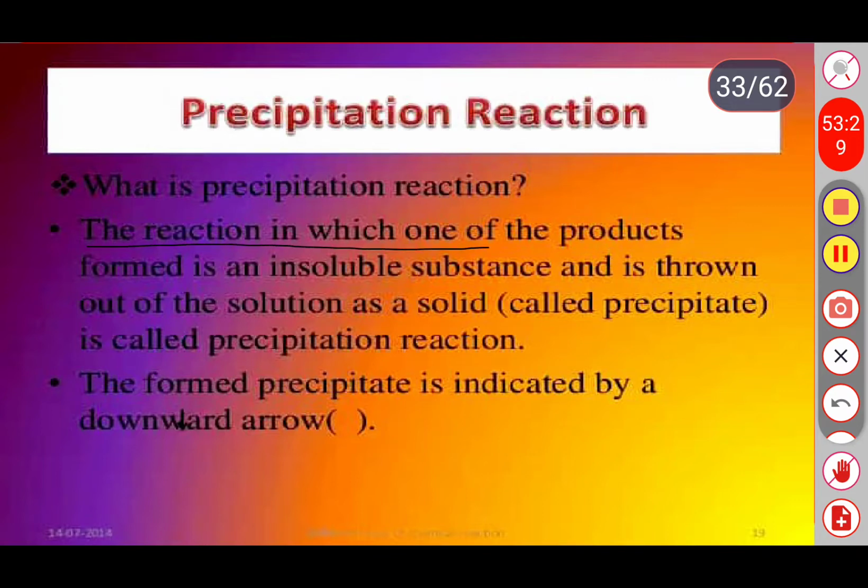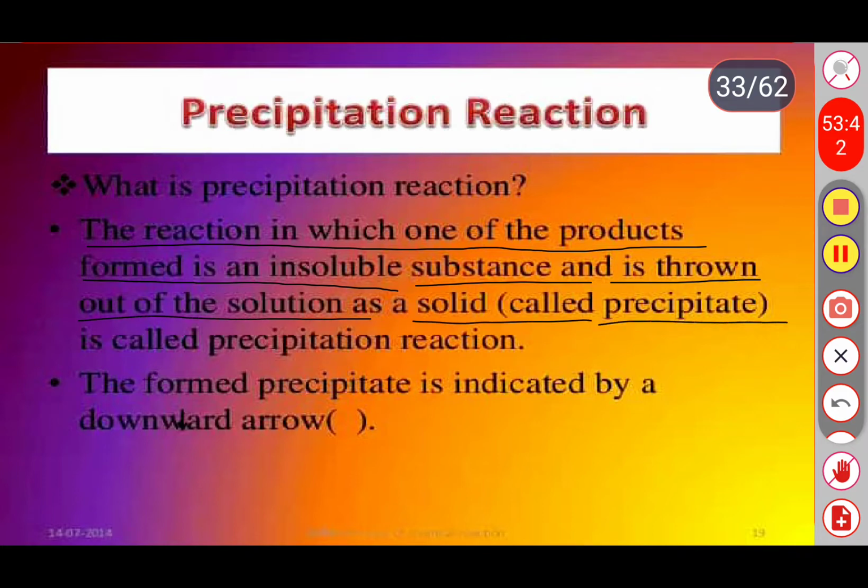It means when we are taking two solutions or two compounds, if the dissolved compound is not soluble in the water, it will form some cloudy formation or solid form. That type of solid formation we call a precipitation or PPT.